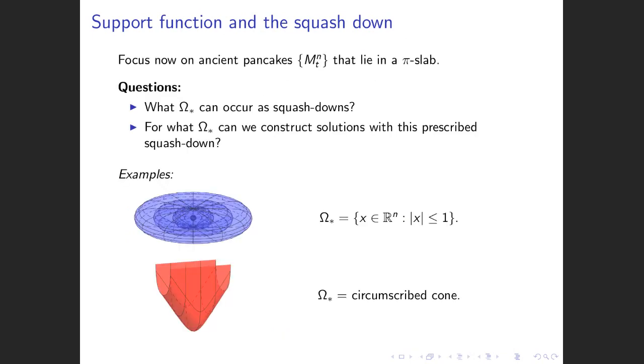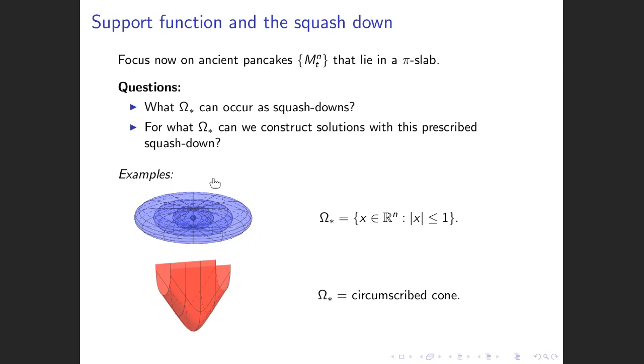Right. So the question we wanted to answer is what convex bodies omega star can occur as squash down. And if you give me a convex domain omega star, can I construct a solution with that omega star as a squash down? And again, we've seen this example.